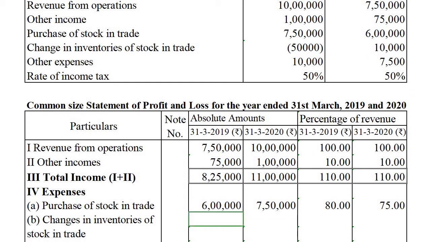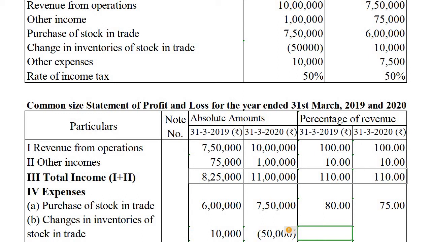For the previous year it is 10,000 and for the current year 50,000 decreased. So there is consumption of stock, shown as 50,000 minus.